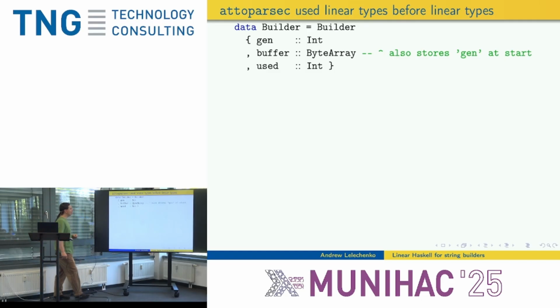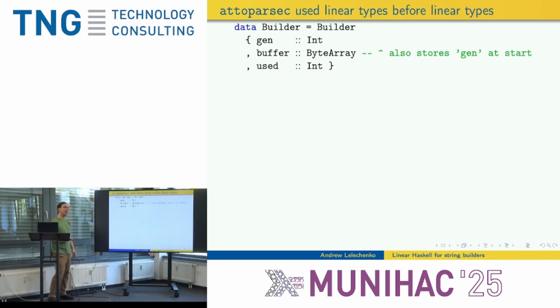You actually have another generation counter hidden in the first element of this byte array. So this byte array is not just your output. You need to remove the first word, and that will be your text. But the first word carries exactly the same number as this generation counter.